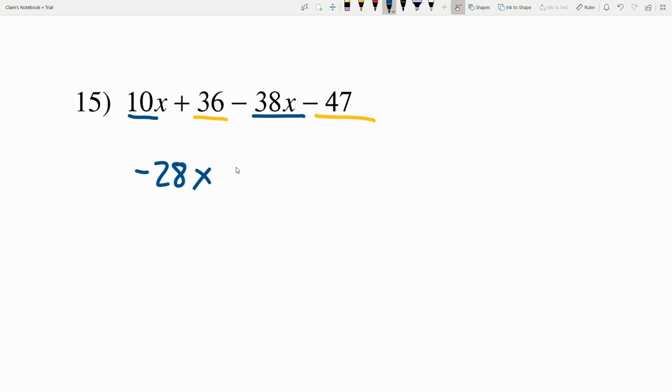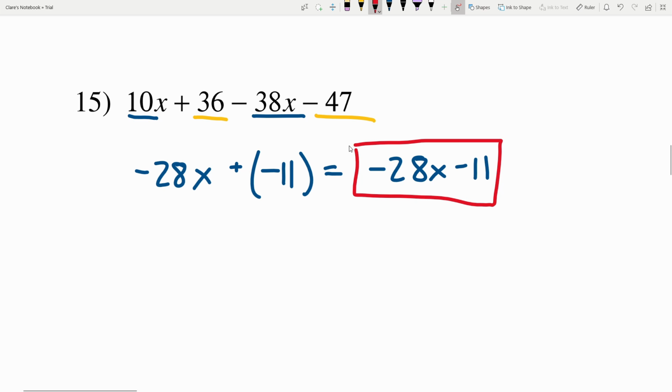And then we'll add that to 36 minus 47, which is going to be a negative 11. But as opposed to adding a negative, I'll rewrite this as subtracting a positive. So I'll have negative 28x minus 11 as my solution in number 15.